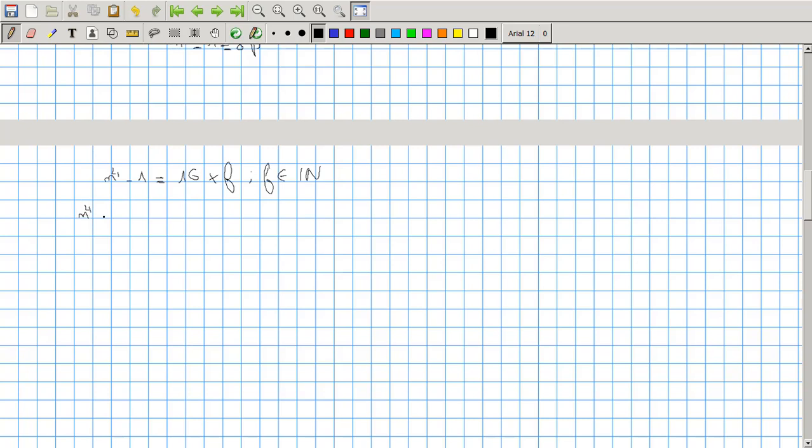n to the power 4 minus 1 equals (n square) to the power 2 minus 1 to the power 2, which equals (n square minus 1) times (n square plus 1).